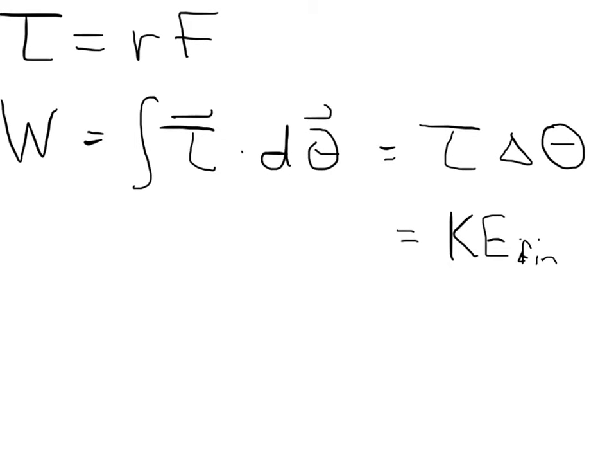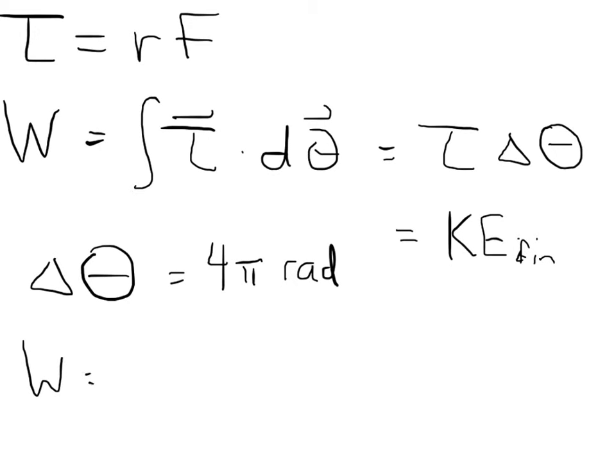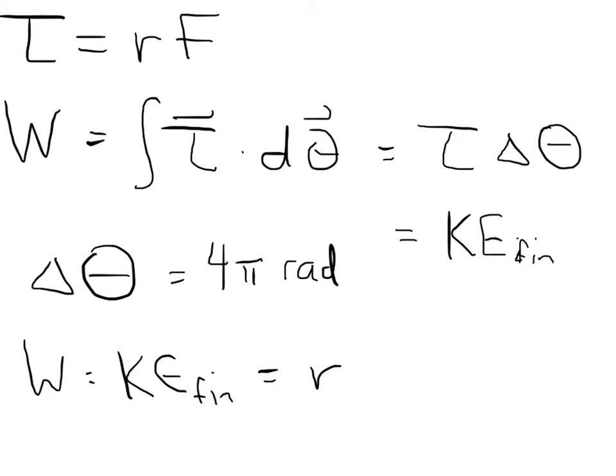We already have the equation for the magnitude of the torque, and we know that delta theta is 2 revolutions, which, at 2 pi radians per revolution, is 4 pi radians. So the work done, which is equal to the final kinetic energy because the initial kinetic energy is 0, is just going to be r times F times 4 pi.